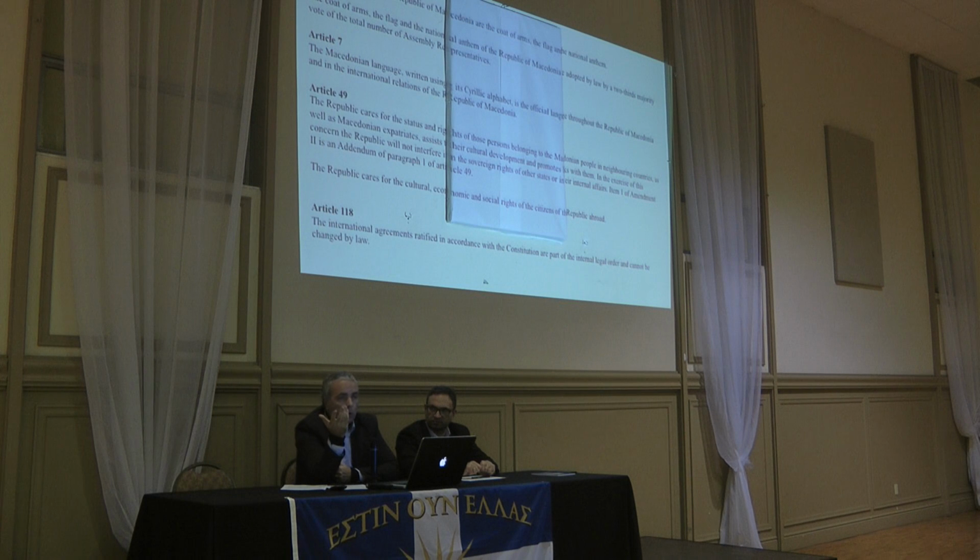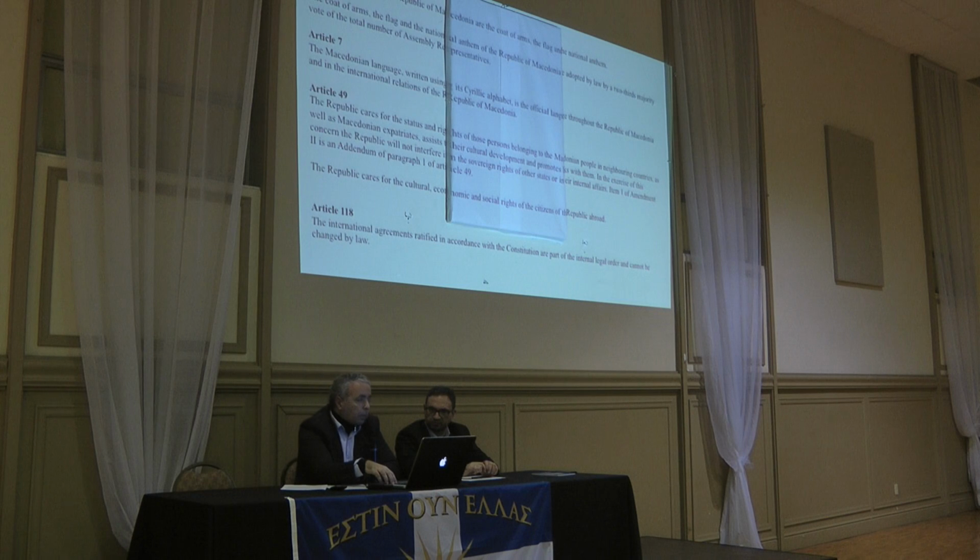And Zaev, and also our Prime Minister, explained to us that they can change this article because it's historical. We can change everything for Greece, we don't care, but for them, Article 36 is impossible because it's history. It seems like a joke also.